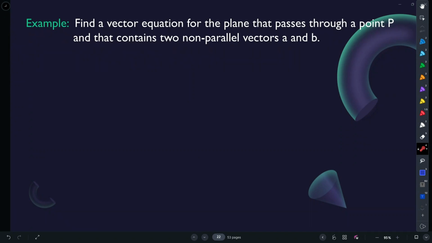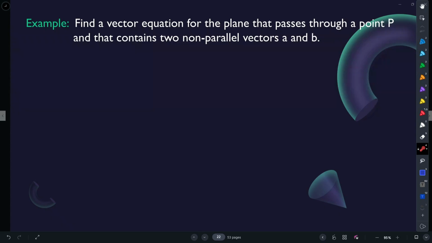Well, parametrizing planes is important. So let's try to parameterize or give an equation for a plane that passes through a point and contains two vectors. How would I do that? There are a couple of ways that I could do this.